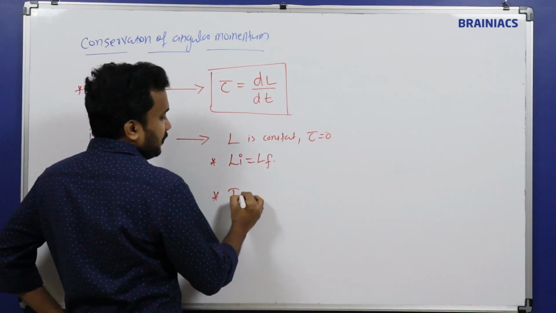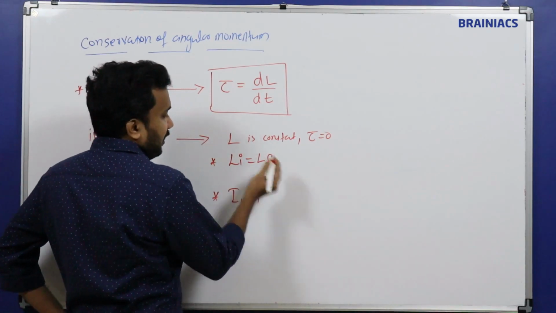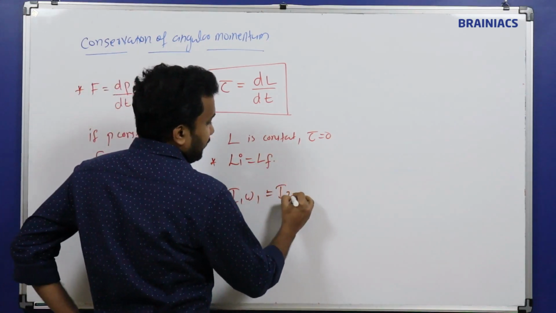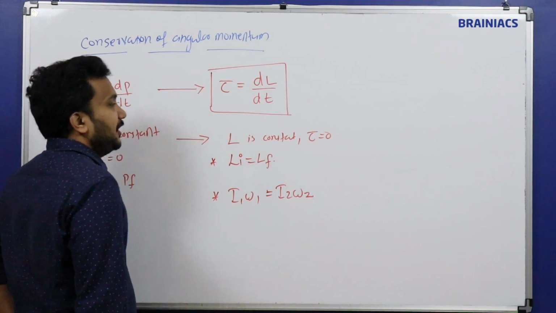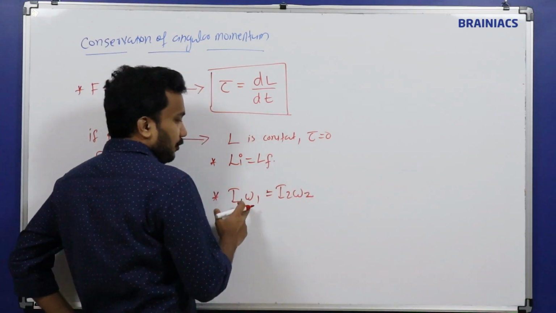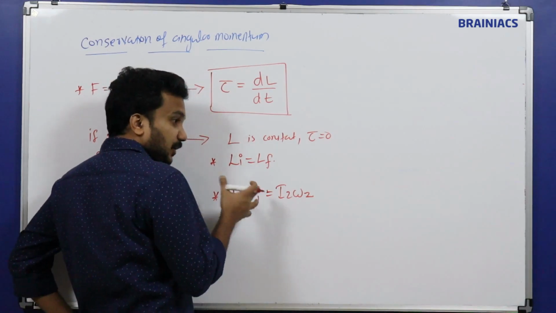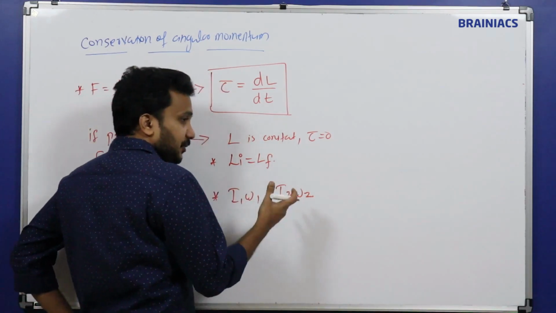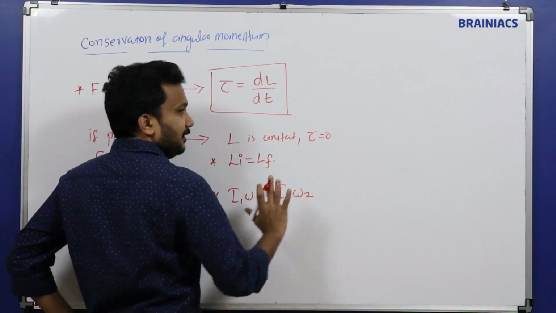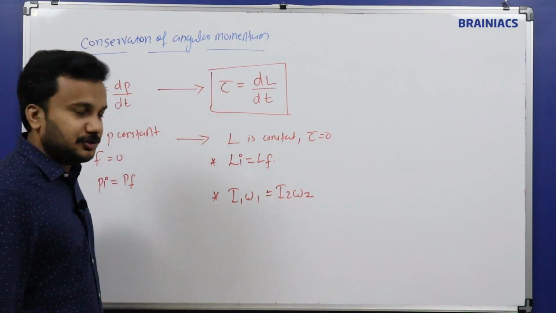Another set of equations: I1 omega 1 is the initial angular momentum, and it is equal to I2 omega 2, the final angular momentum. If you have multiple terms, maybe I1 omega 1 plus I2 omega 2 on the left side, and on the right side I3 omega 3 plus I4 omega 4; it depends upon the question.